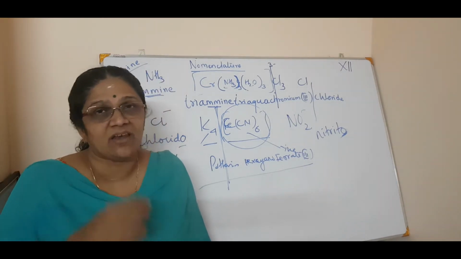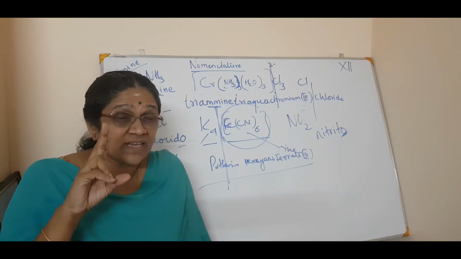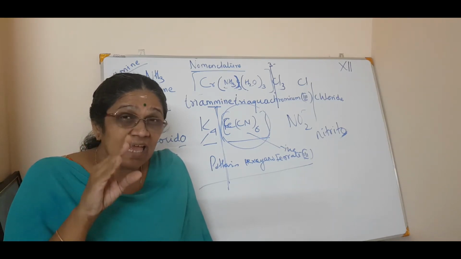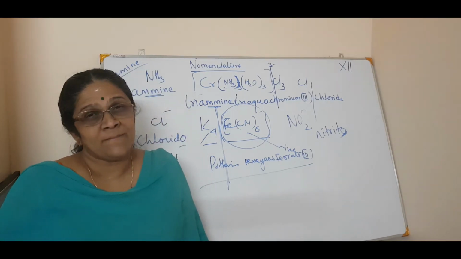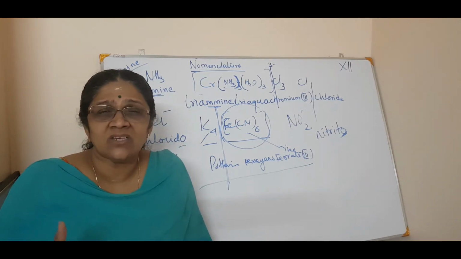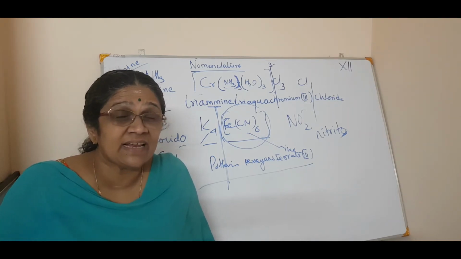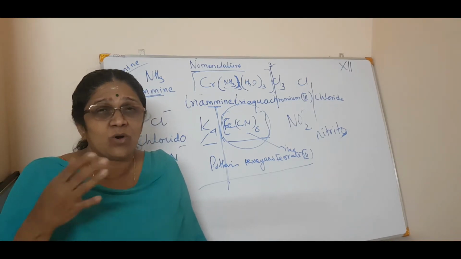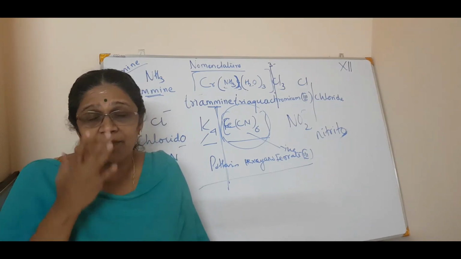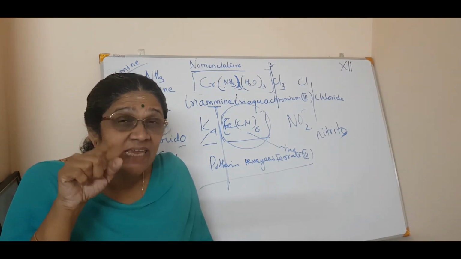Now when the name of the ligand itself contains a numerical prefix, it is very important, listen carefully to what I say. Chlorine has no numerical, so dichloro. Cyano has no numerical in that ligand, so dicyano or monocyano or tricyano, etc. Correct. But what about ethylene diamine?